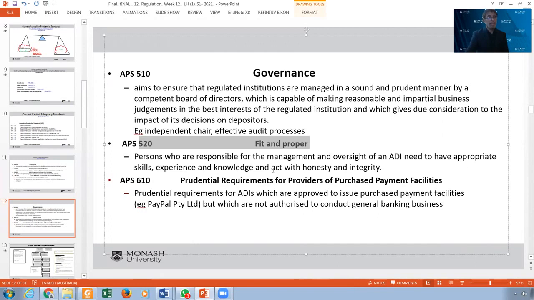authority in a bank. Now, APS 210 is talking about prudential requirements for providers of purchased payment facilities. We have those, when we talk purchased payment facilities, for example, here in Malaysia, we have MEPS, which is the Malaysian Electronic Payment System.